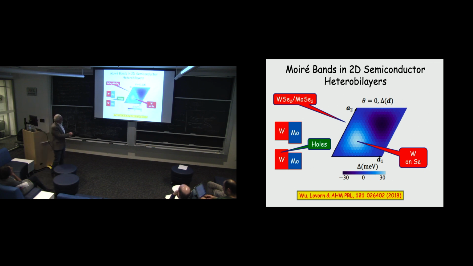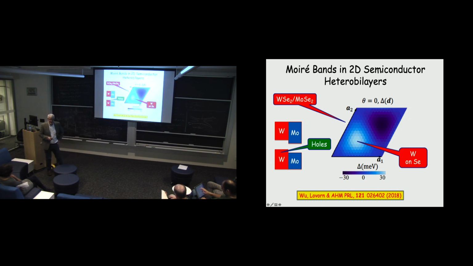For example, the most extreme energy in the valence band occurs when the electrons, which actually reside on the transition metals, are right above a negatively charged selenium ion from the layer below. So it's very simple to understand how the energy of the electrons on tungsten sites in the tungsten diselenide varies as you move the tungsten diselenide layer over the molybdenum diselenide.